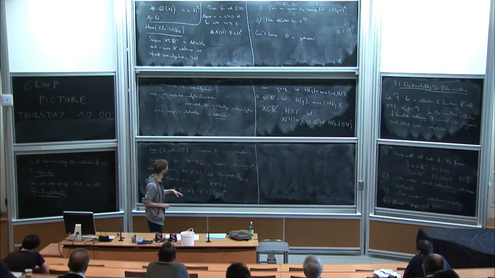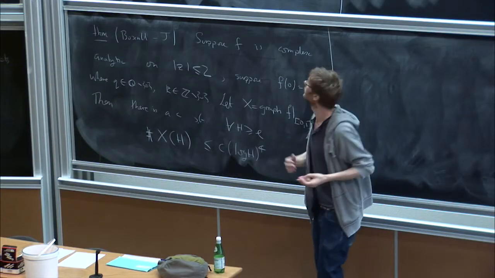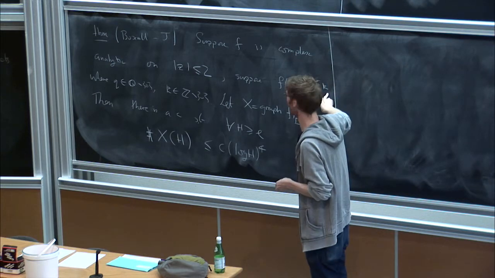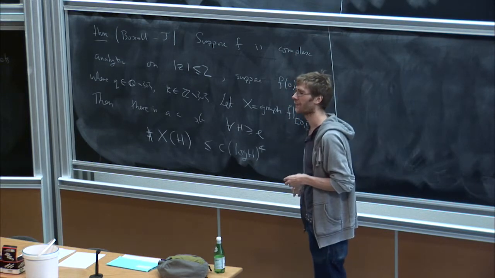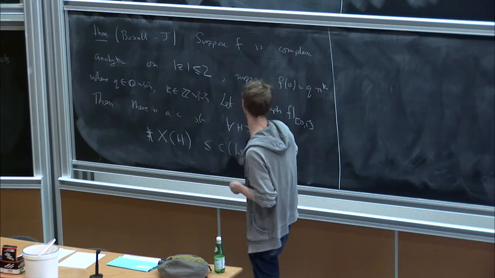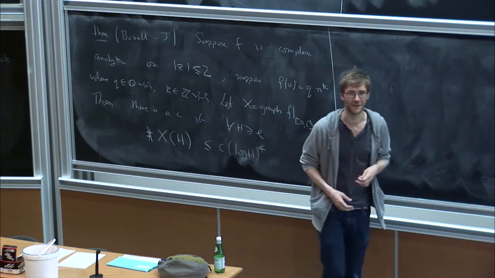So without this assumption, this is false, because you have analytic curves for which the H to the epsilon bound can't be improved. And with this funny-looking assumption, you get quite a substantial improvement. In fact, you get down to something like C (log H) cubed or so.